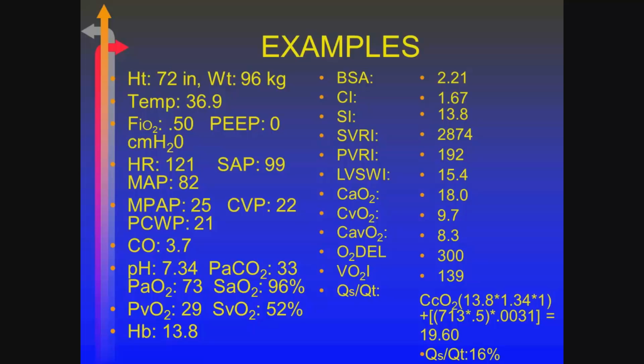First of all, start with the PVO2. It's low, because the body will do everything it possibly can to maintain a normal PVO2. If you're seeing a low PVO2, something's out of whack. So I have demand exceeding supply.